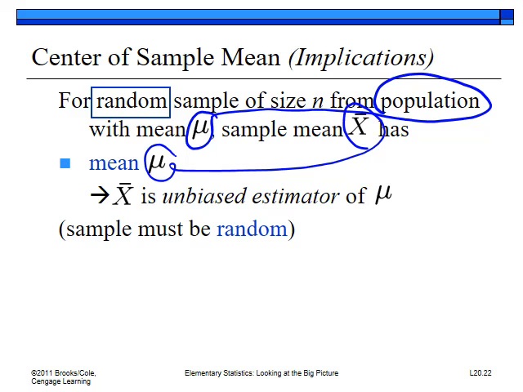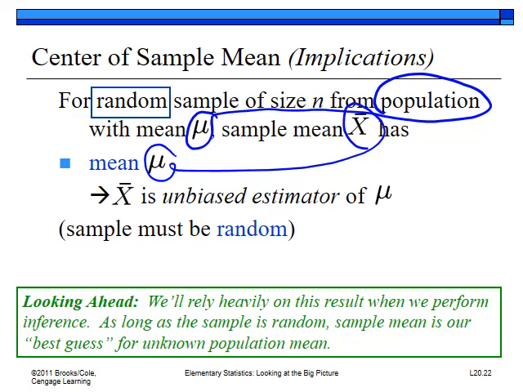This is only true if the sample is random. So as long as our samples are random, I can expect x bar to be close to the population mean. This is something we're going to rely on very heavily when we start with inference. In inference, we won't know what the population mean is. We only have a sample mean. Since the sample mean is an unbiased estimator, we can use it to approximate the population mean.